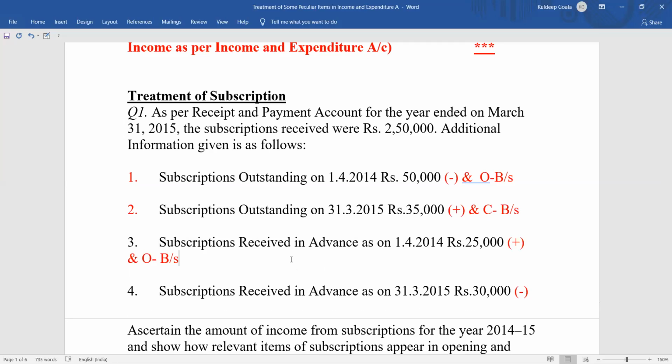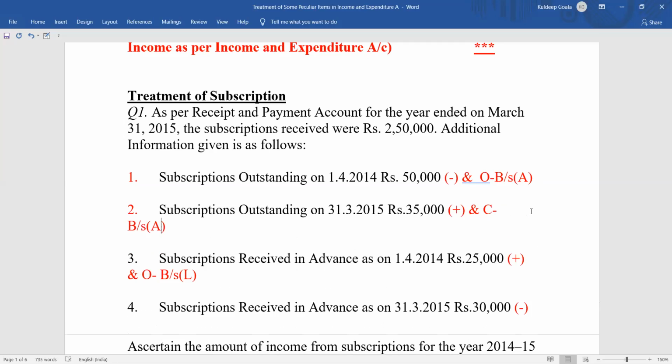Which side? Remember, it will come in the liability side because advance tha, right? Here it will come in the asset side because it is asset. This will also come in the asset side because it is asset, right? Let me just adjust it.